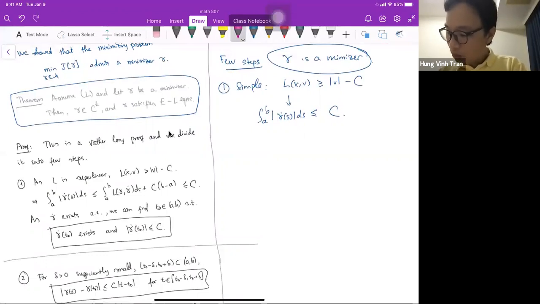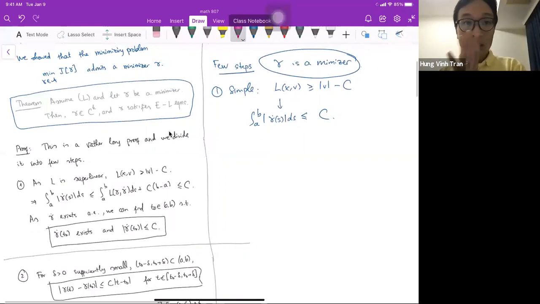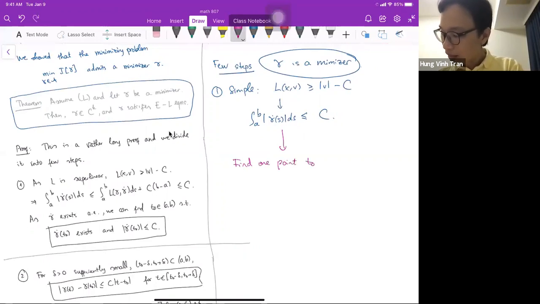And of course, gamma dot exists almost everywhere. So no matter what, you just need to find one point, t naught in (a,b), so that gamma dot of t naught exists, because it exists almost everywhere.